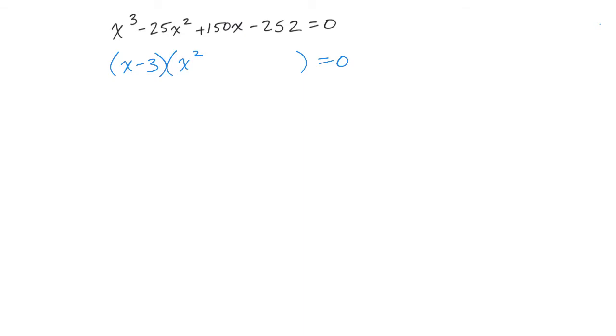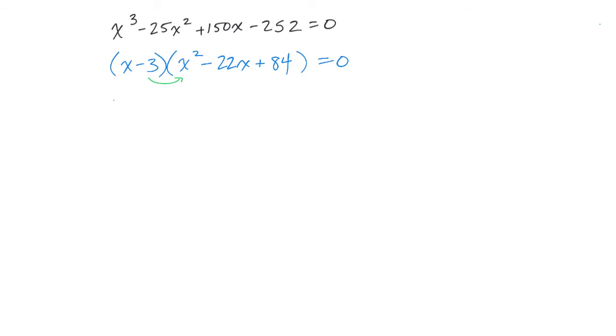What would I multiply 3 by to get back to 252? Well, 252 divided by 3 is going to be an 8 with 1 left over and a 4, so 84. That needs to be a positive to get back to that negative 252. And now as I partially expand, there's my negative 3x squared. I need negative 25x squared, so I need to include another negative 22x. So we get to that point in our equation, and now we can start to solve.